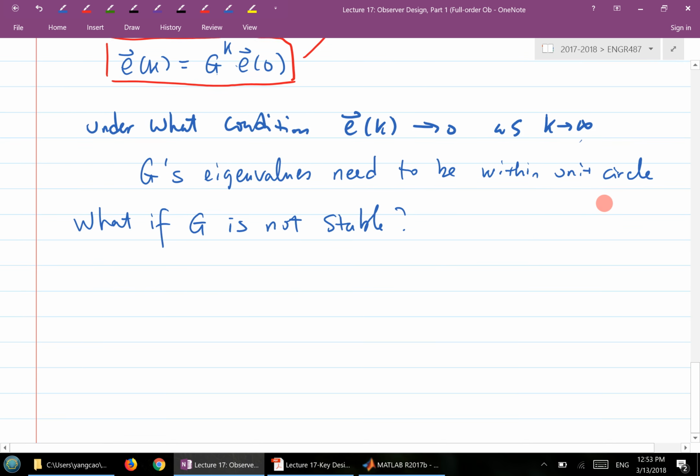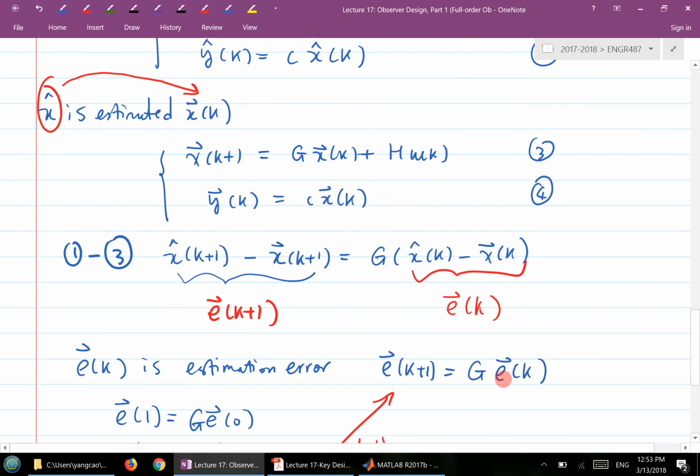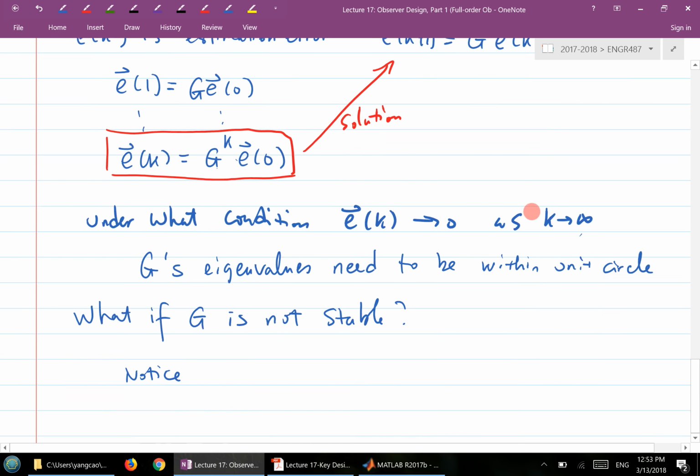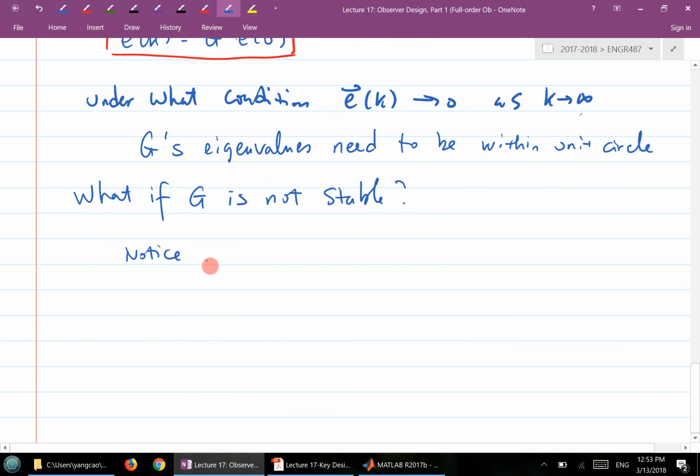Now, if you look at this observer design, it didn't really take into account the system output. The system output is available.